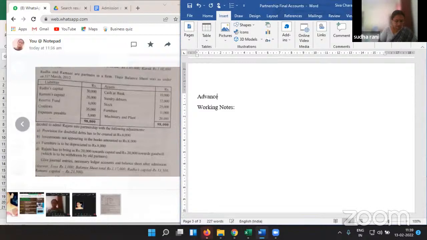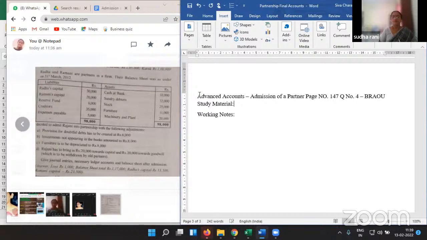Admission of a partner, page number 147, question number 4. Now the working notes and solution.